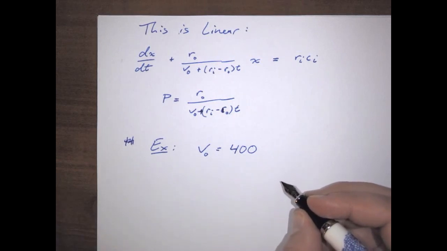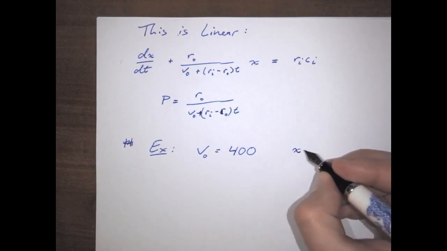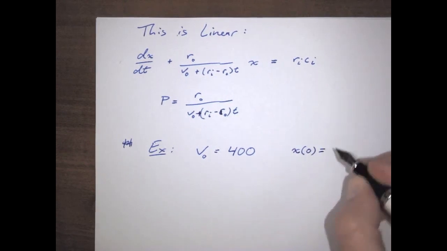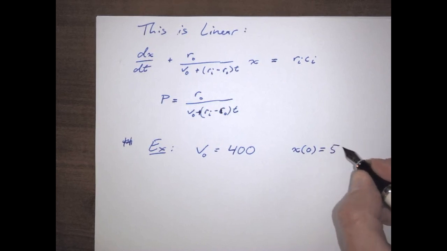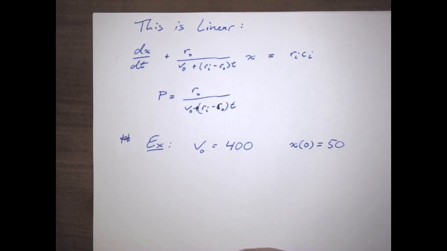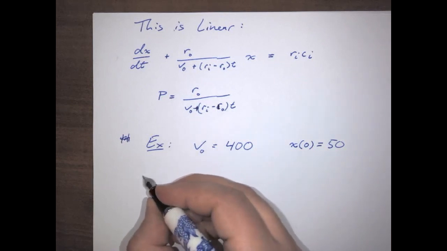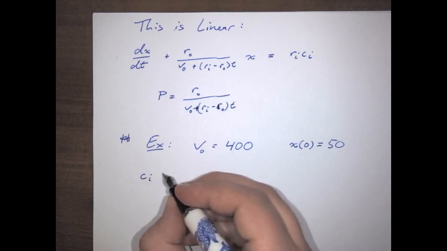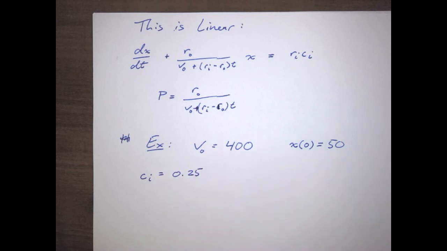We know that the initial amount was 50 kilograms. We know that the brine flows in at 25 kilograms per liter. So that's going to be the concentration in is equal to 0.25.